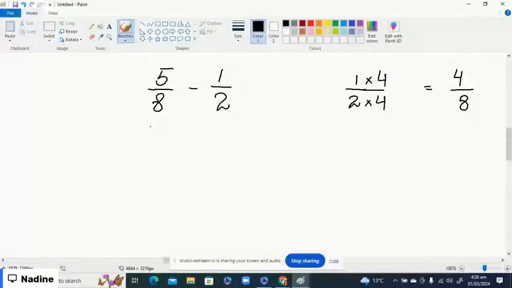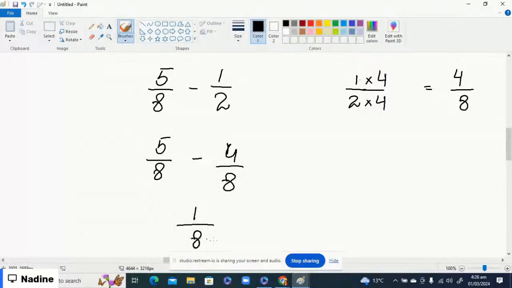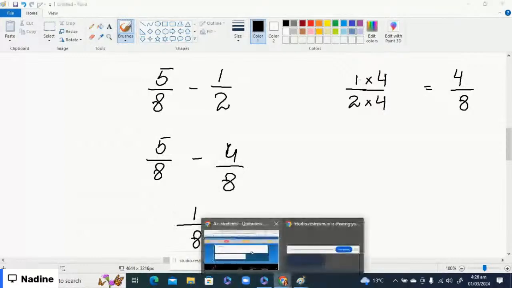Let's check. Answer is right. Sorry, it's 5 by 8 here, minus 4 by 8. Now, after subtraction, it's 1 and here is 8. So 1 by 8 is the answer.